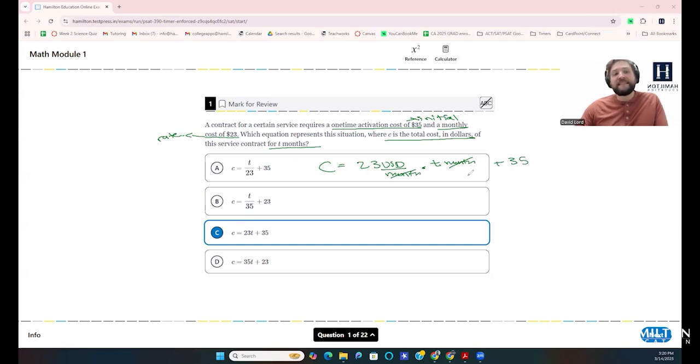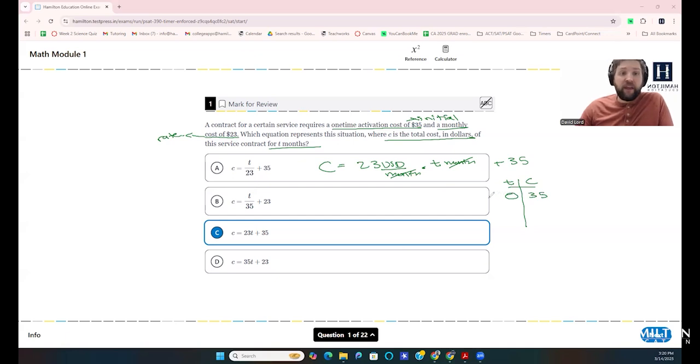Now, a lot of SAT problems are very tricky. They have different wording that can mess with you. So one thing that can always be valuable when checking your model is to verify by using test points. For example, if I plugged in 0 months for T, based on the context, if someone got the service but didn't get any months of service, but still had to pay the one-time activation cost, then their total cost would be $35.